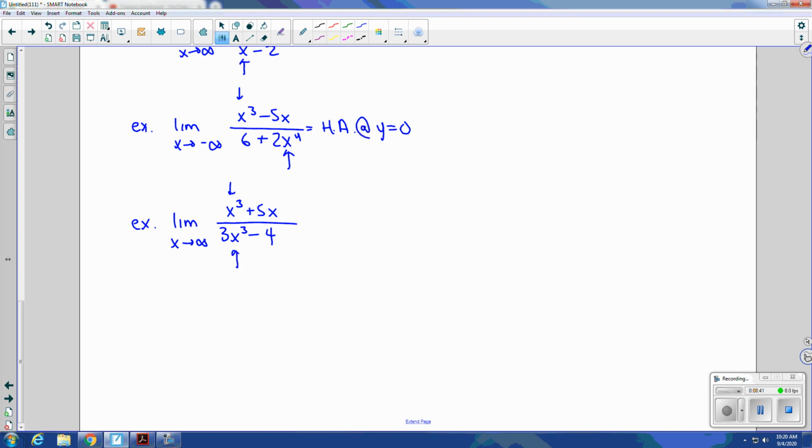So the x cubes, in this case, as x approaches infinity, are actually growing at the same rate, and therefore they essentially cancel each other out for their rate of growth. So all that's left to determine where this function's going towards as x goes to positive infinity is the ratio of the coefficients of those terms. So we have 1 over 3, so we have a horizontal asymptote at 1/3. Okay, so that was just a quick refresher on that.